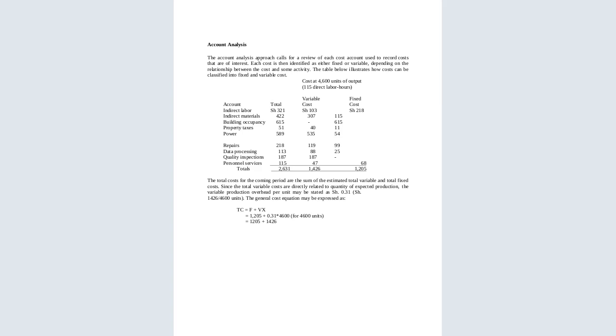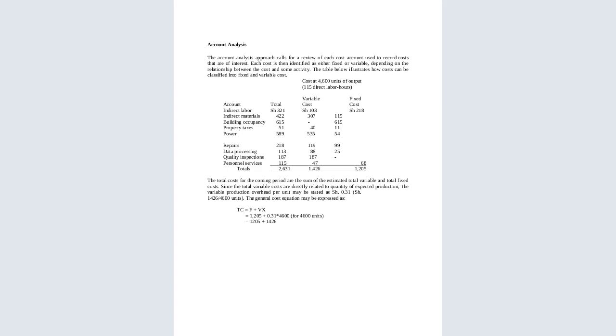So the first method of cost estimation is account analysis. The account analysis calls for a review of each cost account used to record costs that are of interest. So in account analysis method, you have to look at the items or the expenses of the firm. You classify whether they are fixed or variable. That's what you call account analysis. You take the items of the account or any expenditure.